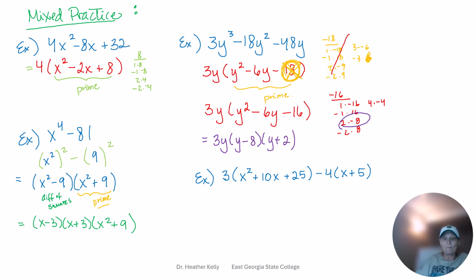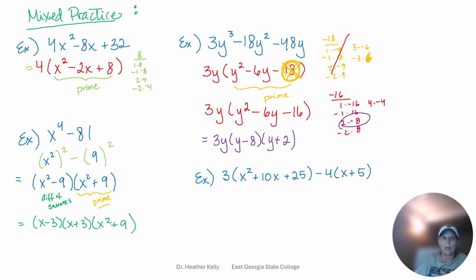And if you know much about factoring, then you do know how to see that x squared plus 10x plus 25 is x plus 5 quantity squared. It fits a pattern. And if you don't already know that pattern, that's okay. But this question just depends on you recognizing that pattern.